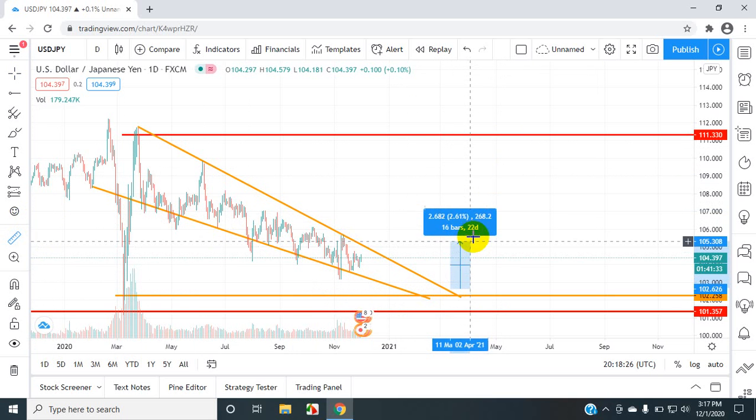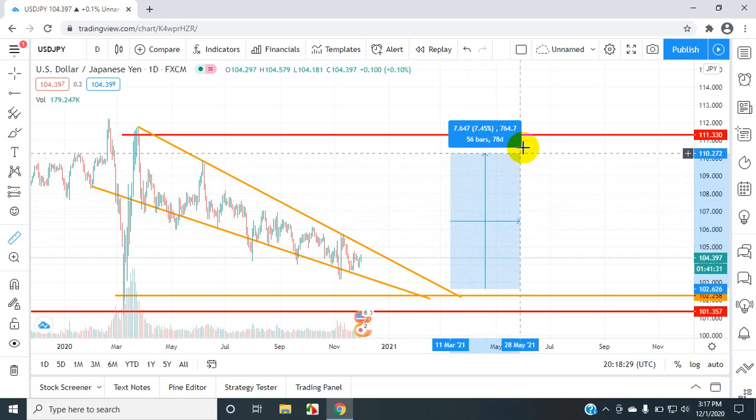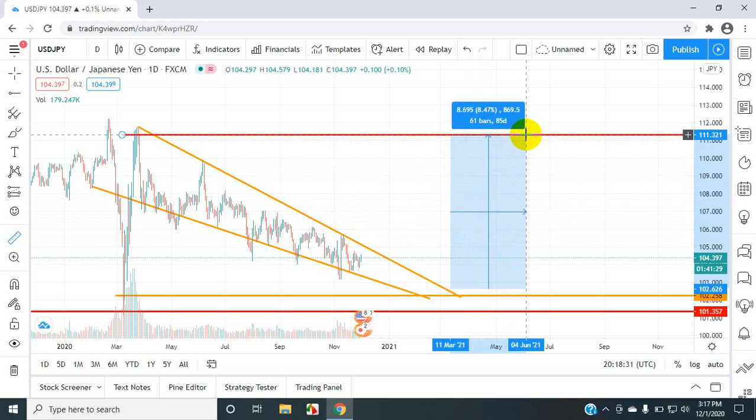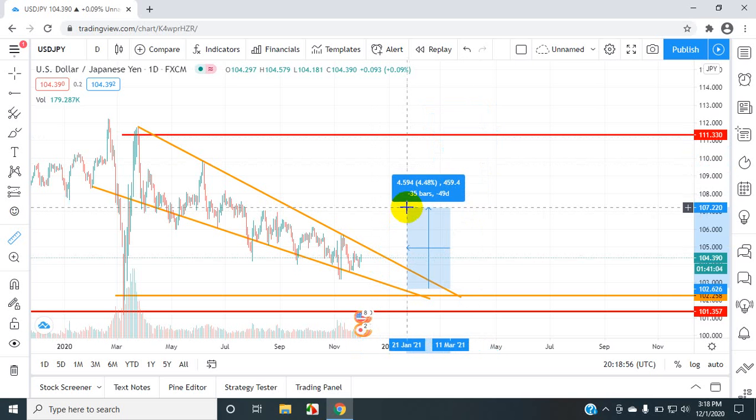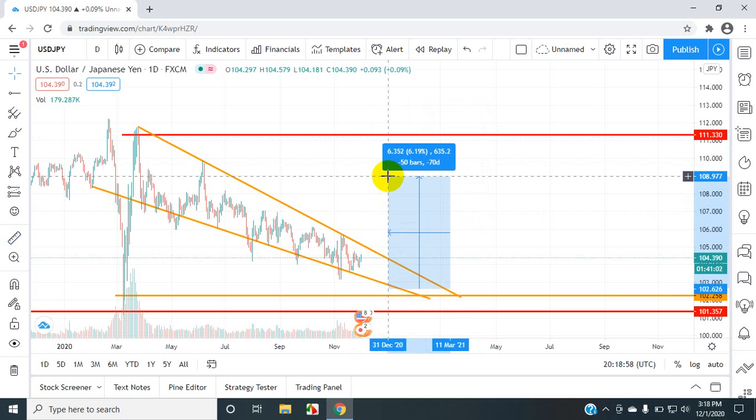That would be a maximum of 863 pips for this pair if it reaches its lowest lows and comes right back up. So that's 863 pips. It could be 10 cents, it could be 20 cents, it could be 863 times 10 cents, 863 times 20 cents, 863 times $1, 863 times 5, etc.